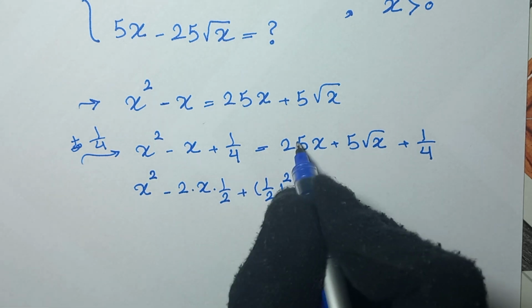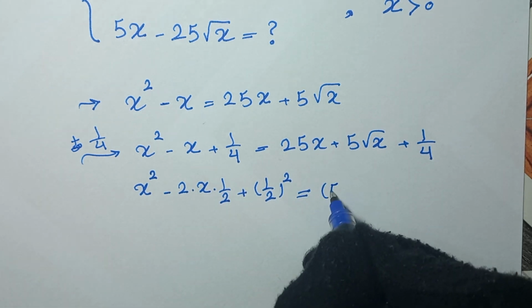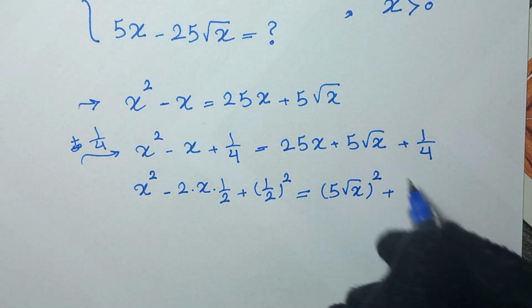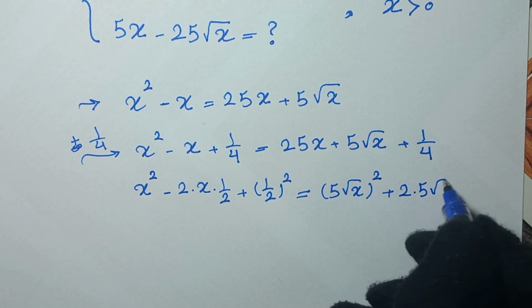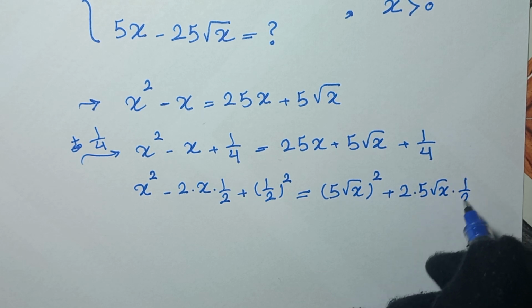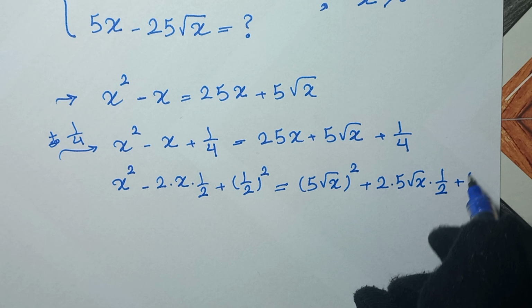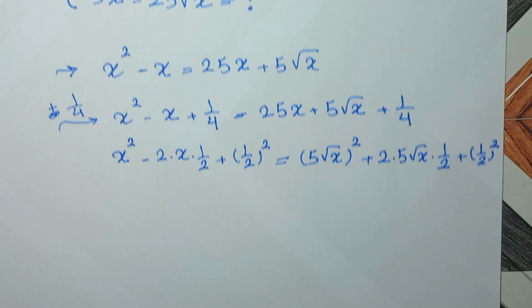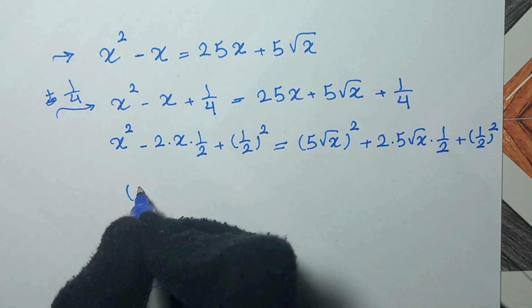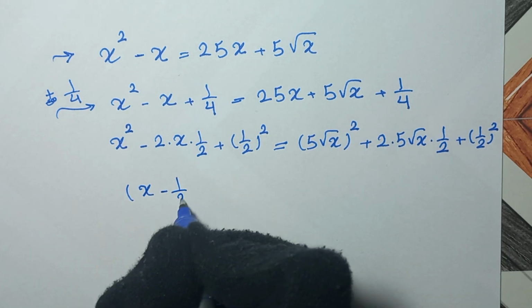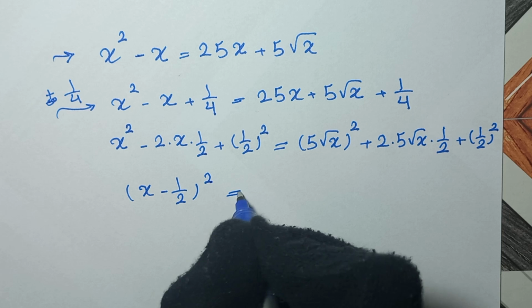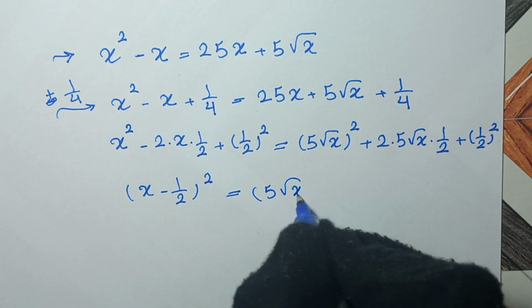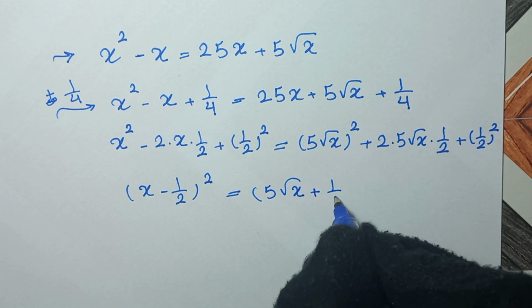Is equal to, here we can write 25x as 5 square root of x to the power of 2, plus 2 times 5 square root of x times 1 over 2, plus 1 over 2 to the power of 2, right? It will be 1 over 4. And here, this is in the form of x minus 1 over 2 to the power of 2 is equal to, and this is in the form of 5 square root of x plus 1 over 2 to the power of 2.